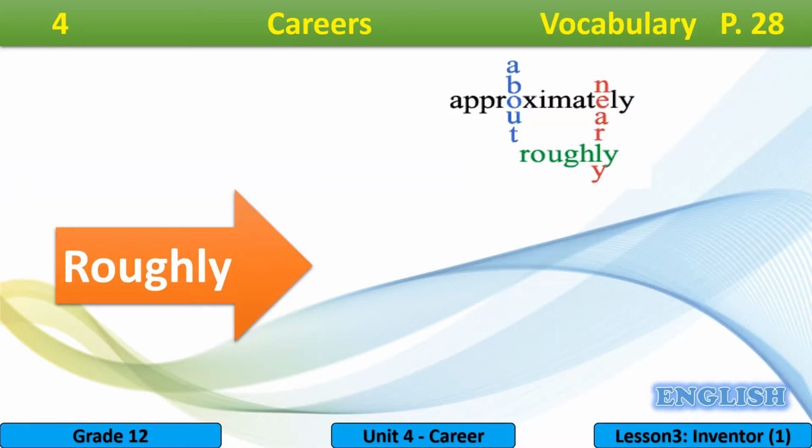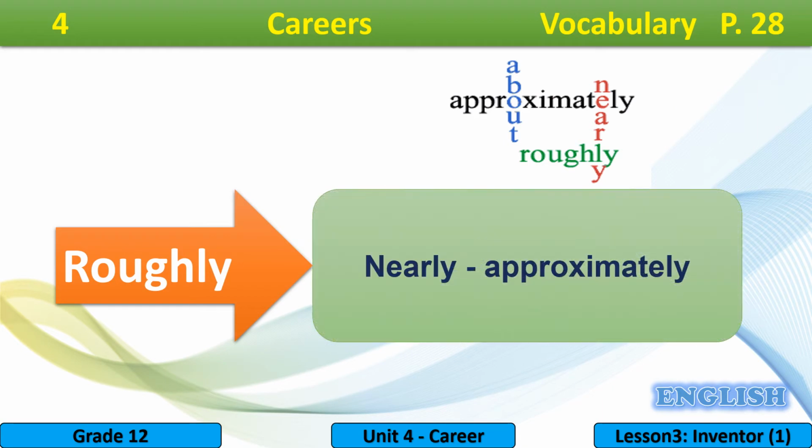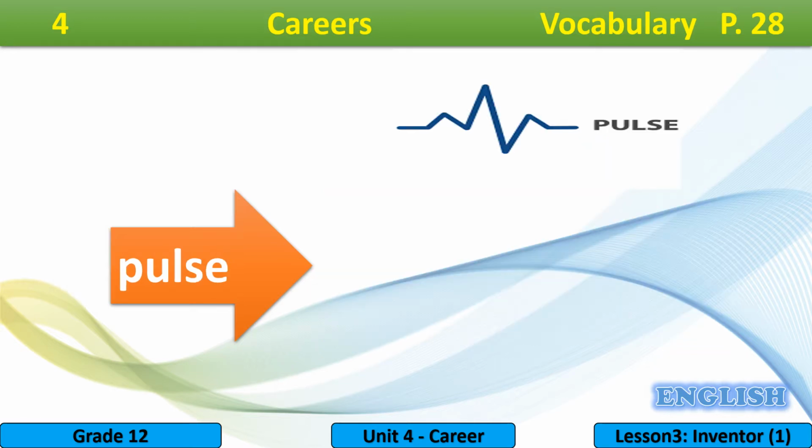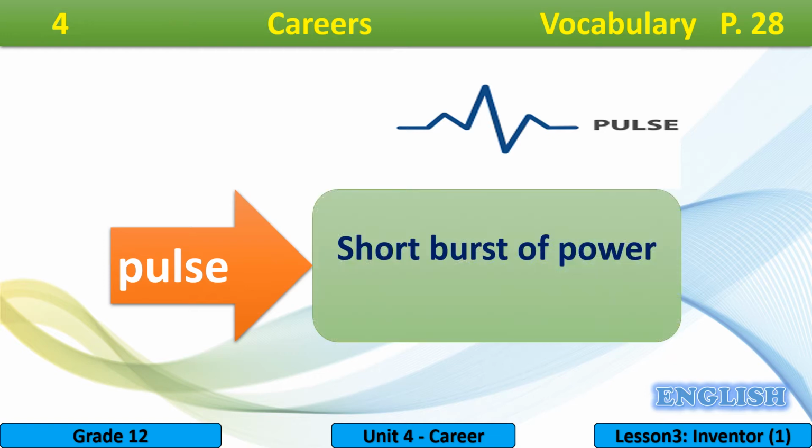Now let's have a look at page 28 in your course books and discuss the following vocabulary. The first word, roughly, which means nearly, approximately. The second word is pulse, which means short burst of power.